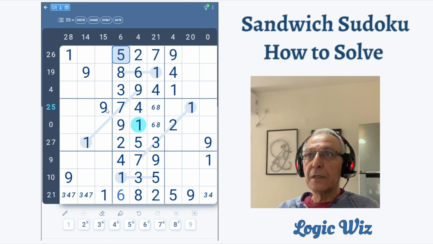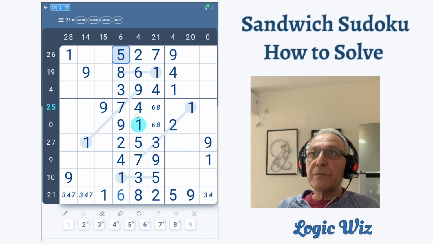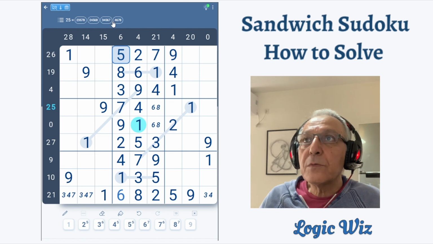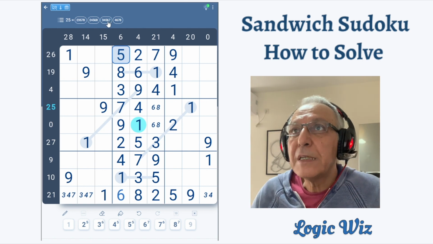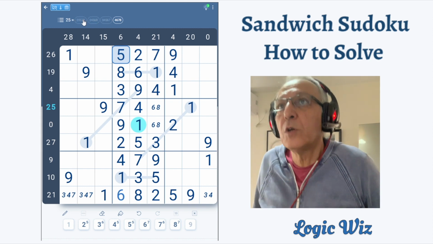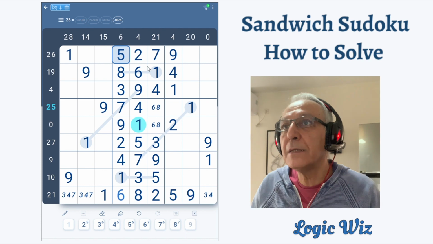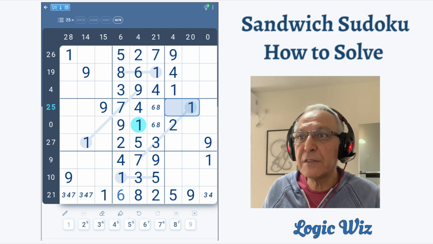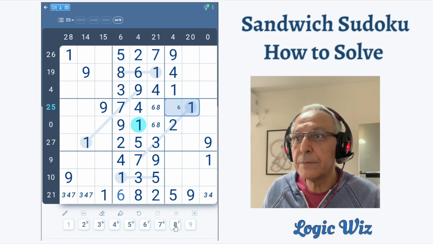Let's look at it. We know that 4 and 7 must be in it, and then 1 of 6 and 8. So this one is an option. This one includes it, but it has to have 4 digits. Because it's only 4 digits, only one sum can fit there. Therefore, this one must be 6 and 8 as well.